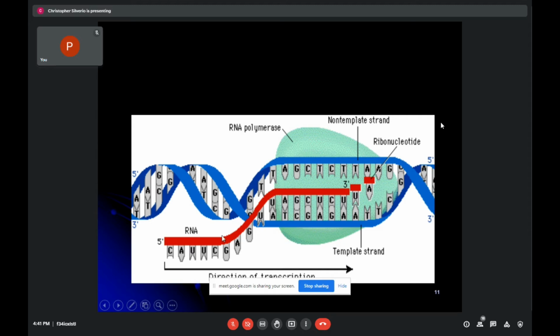A transcript is synthesized. An mRNA transcript is synthesized. So this is how it happens.